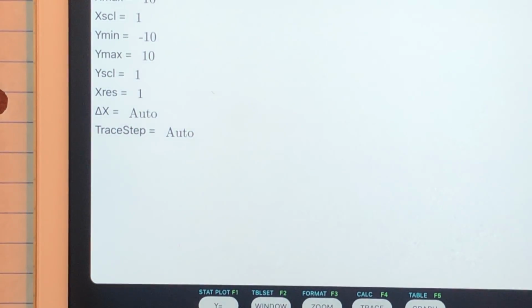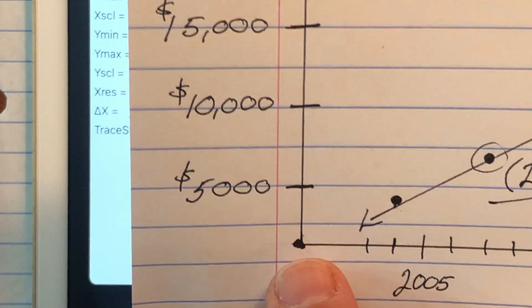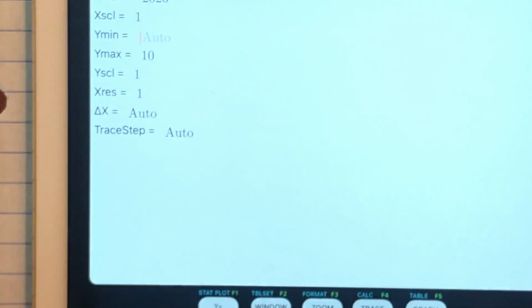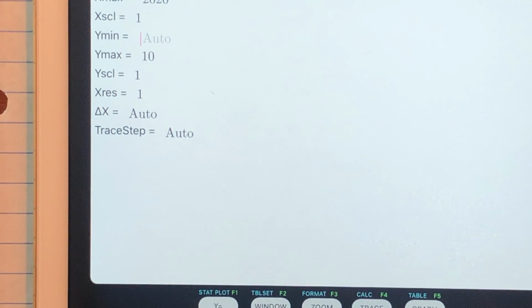We're going to go from 2000 up to 2020. And for the Y values, it looks like we went from, well, let's just go from 0 all the way up to 20,000. So let's start at 0 for the Y minimum, and for the Y maximum, let's make that 20,000.